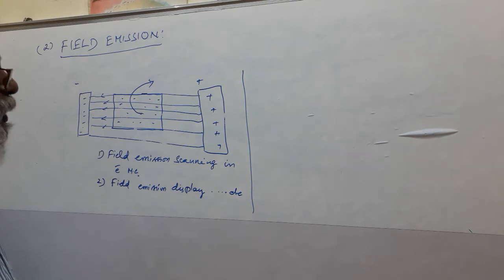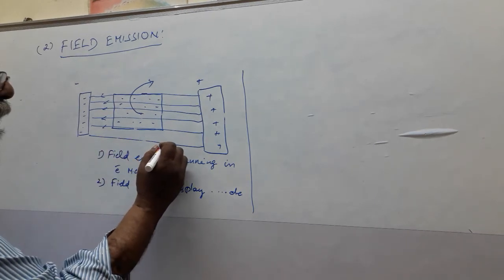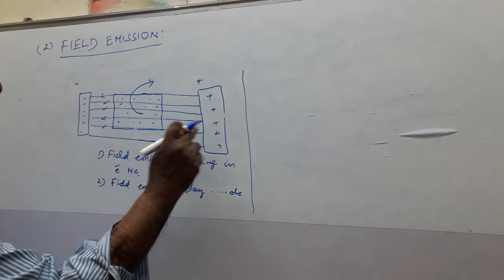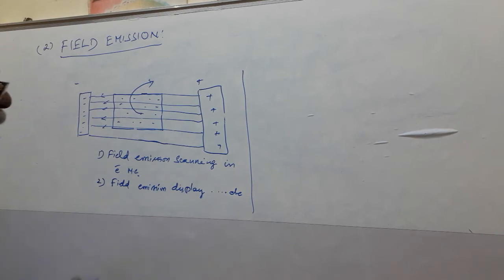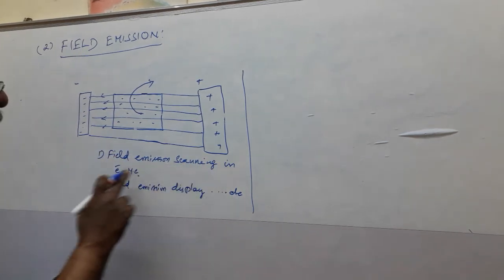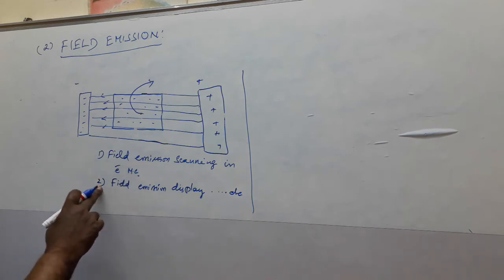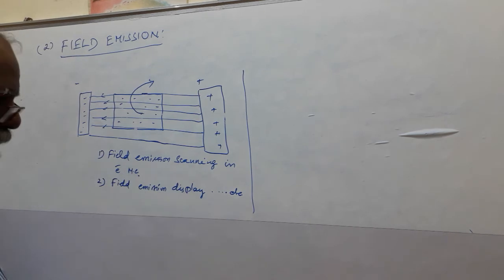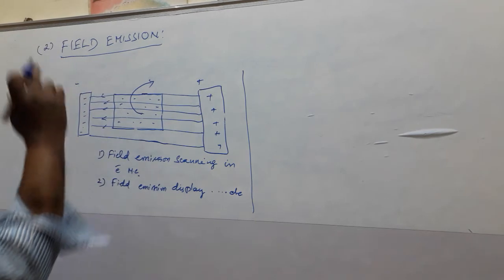This process is called field emission. Field emission depends upon the electric field applied to the terminals. An example is field emission scanning in a microscope. The second one is field emission display. This is a very good example for field emission.